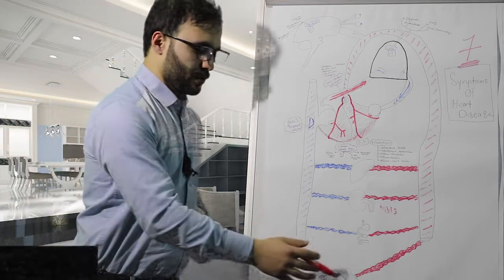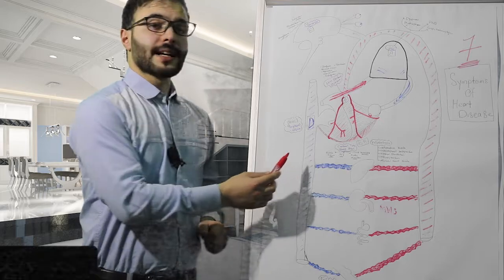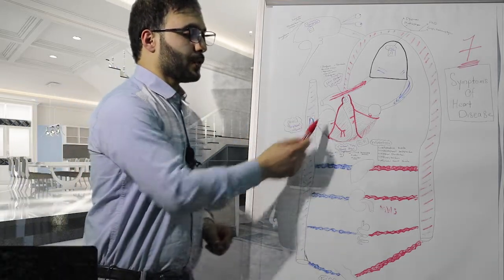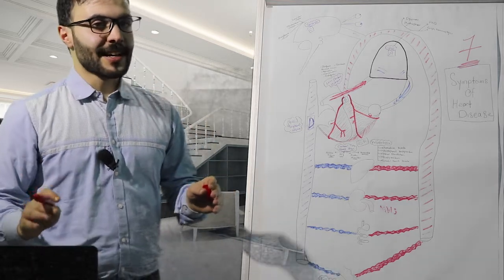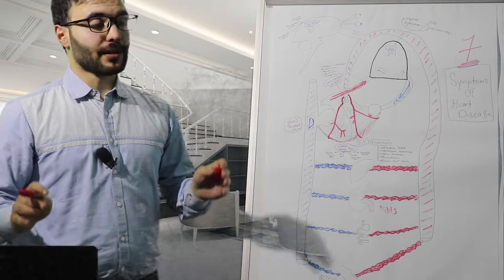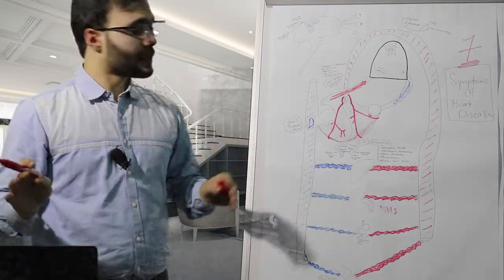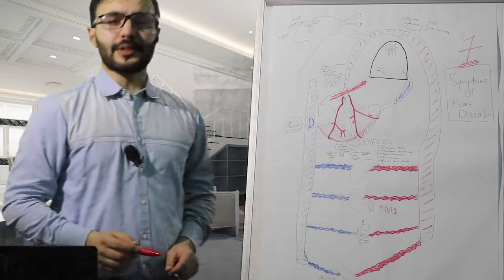Then blood moves into major veins and through the inferior vena cava and superior vena cava, they will drain the blood into the right atrium where the sinus rhythm starts. Now, abnormal function in this node will cause arrhythmias or palpitations. Next, blood moves from the right atrium to the right ventricle.